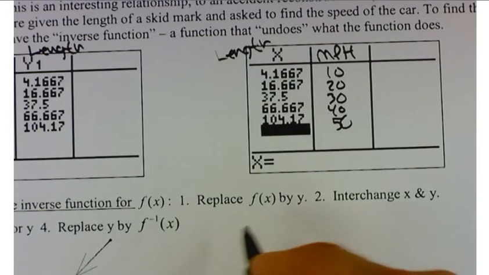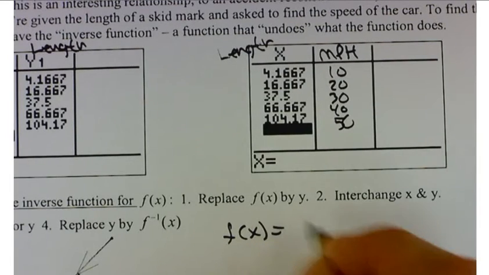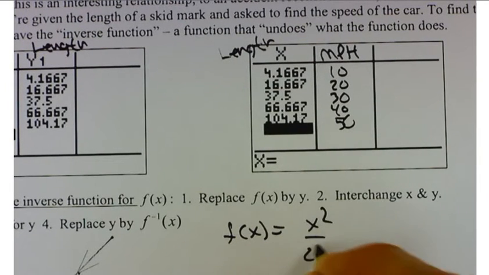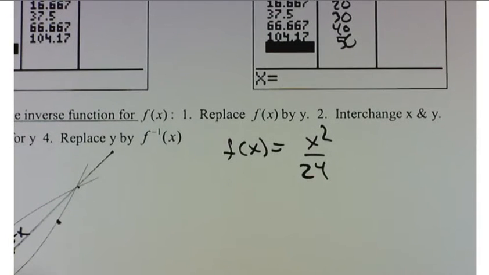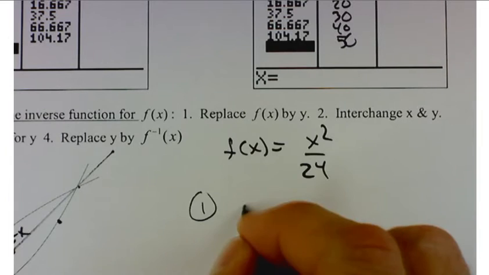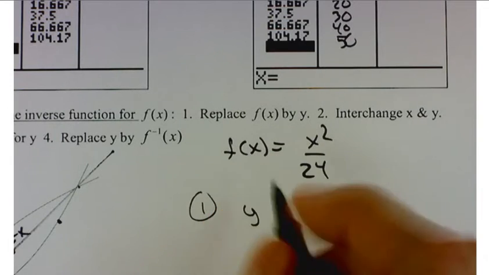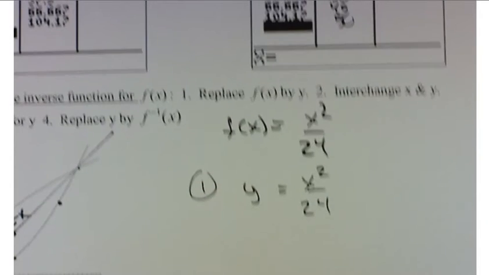Let me write it in terms of f of x. If I write f of x equals x squared over 24, how would I find the inverse? Well, much like we did with our first example, I'm going to replace f of x by y, so y equals x squared over 24.